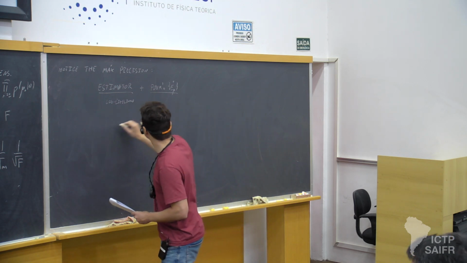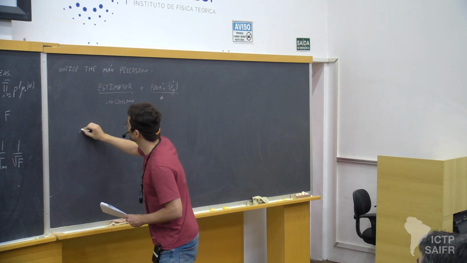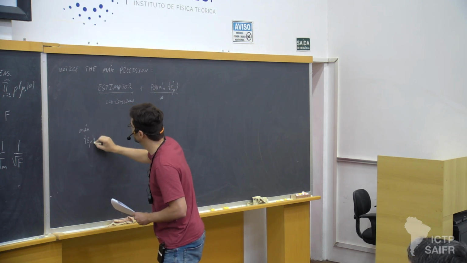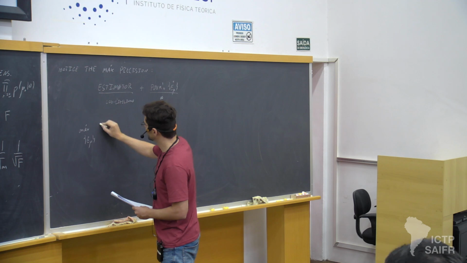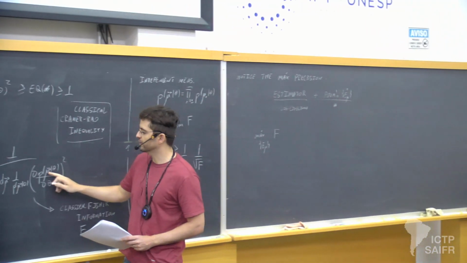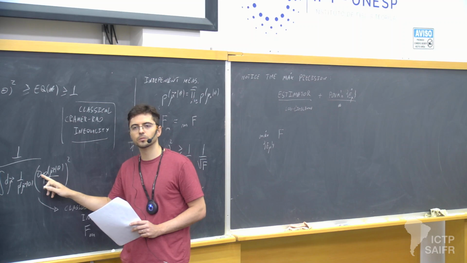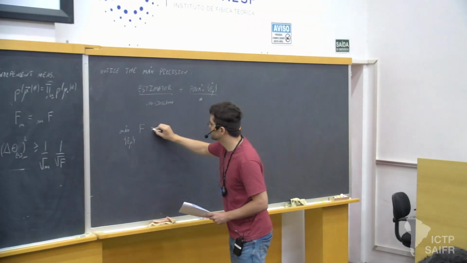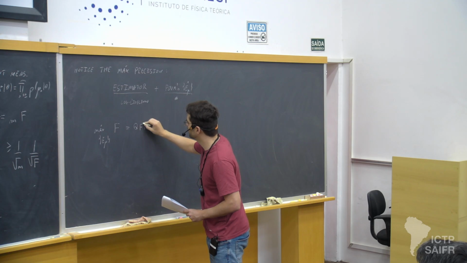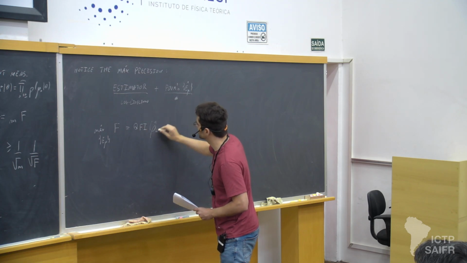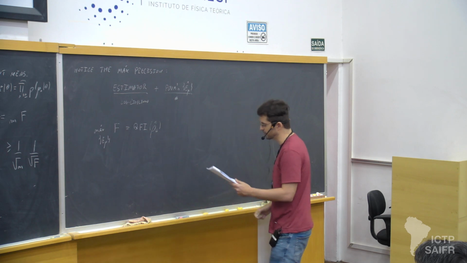So then, for the second step, you maximize over all of the POVM operators your classical Fisher information. For each set of operators, you have a different probability distribution, and you need to play with these things here. It leads to what is called the quantum Fisher information, which now depends on your density matrix given the encoded parameter.